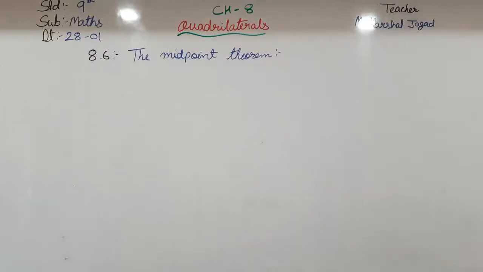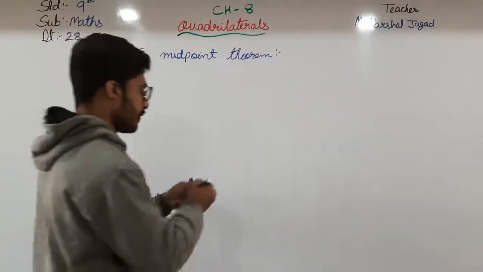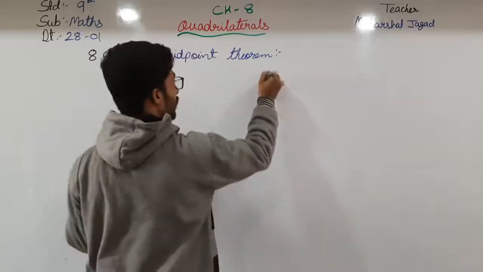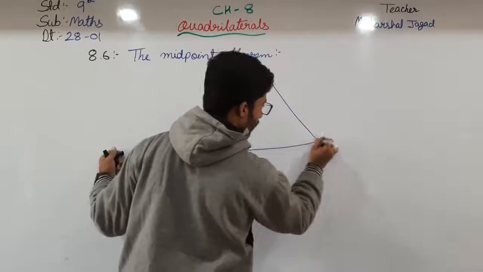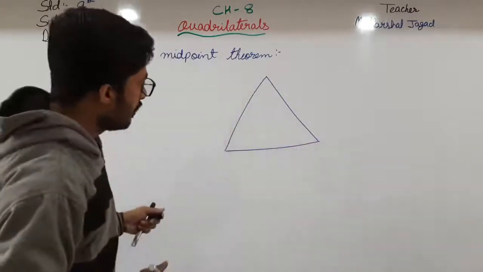Here they are telling us, first of all, you have to draw a triangle. I haven't drawn a perfect triangle because I don't have a scale.